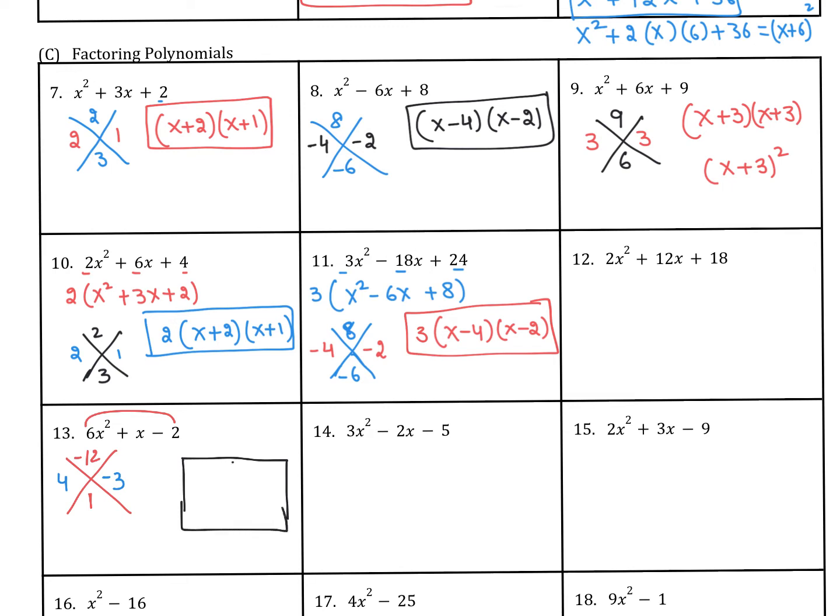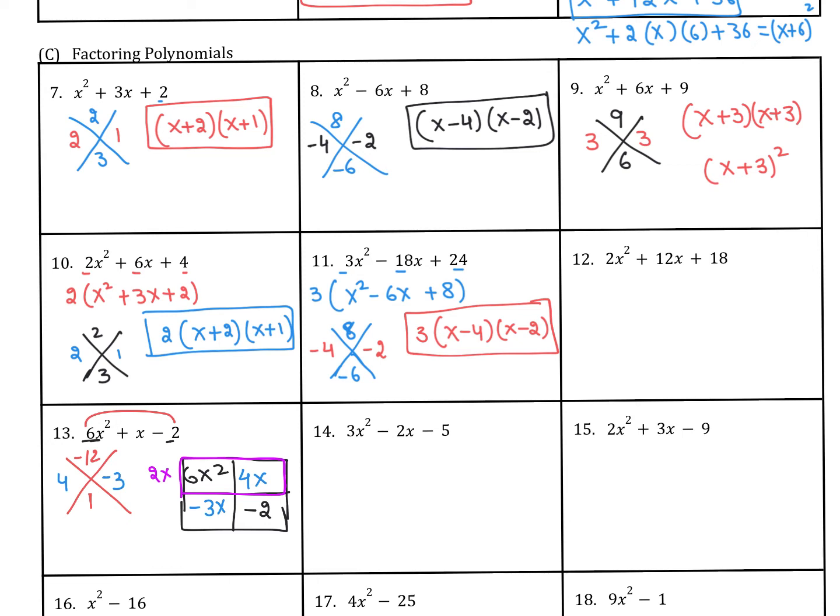Inside the box, the first term goes in the first place. The last one goes here. The two found numbers go onto the other two places. Now you're going to find the GCF of the first row. So the first row GCF is going to be 2x. 2x divides 6x and 4x.